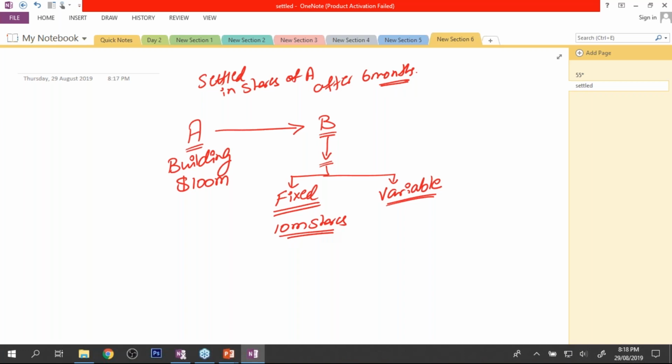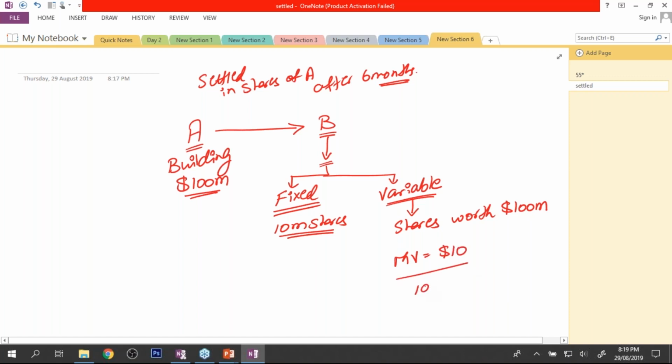And if B says I'm going to give you a variable number of shares, this means B will give the number of shares worth $100 million. So if the share price at that time is $10, how many shares? 10 million shares.